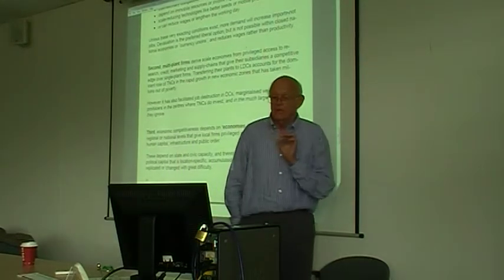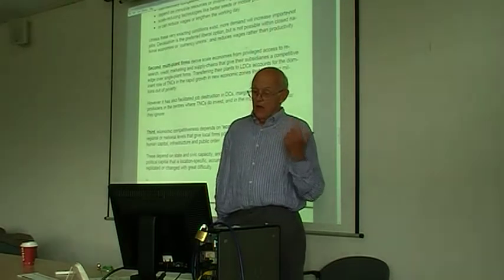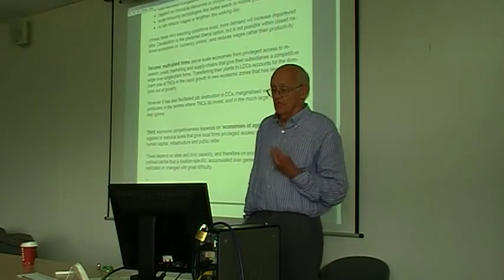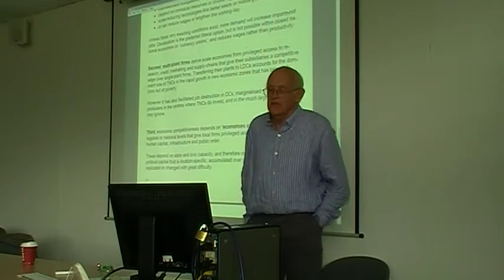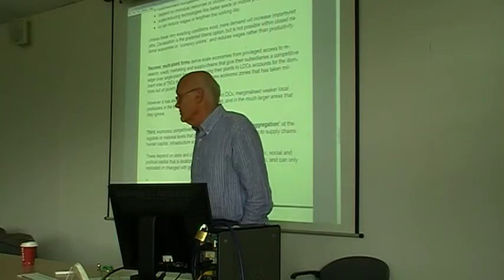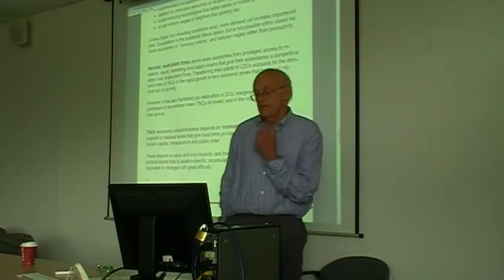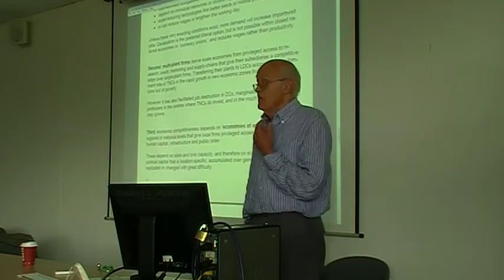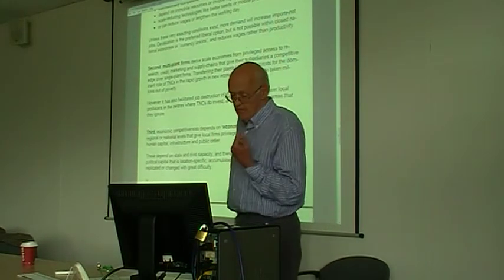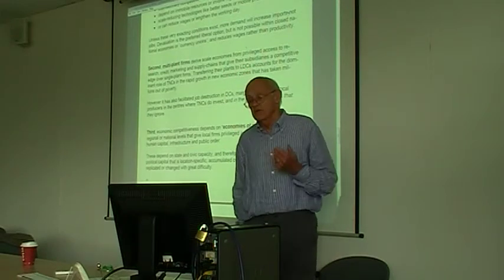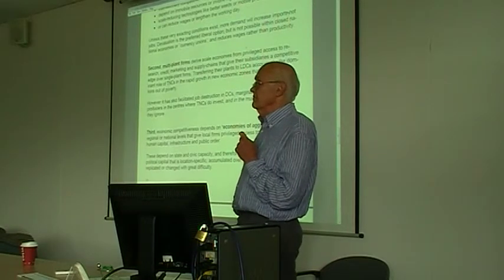So if we think about multi-plant firms, i.e. international corporations that have become the dominant form of firm in the modern world, we can see that the reason that multi-plant firms normally outcompete single-plant firms is because they derive privileged access to research, to credit, to marketing facilities, advertising and so on, and indeed to supply chains that give their subsidiaries a competitive edge over single-plant firms.